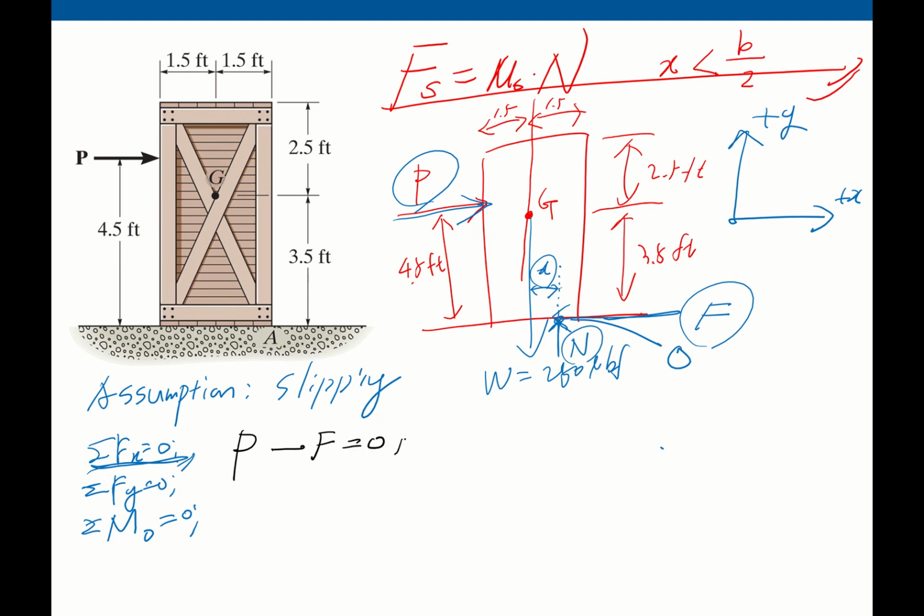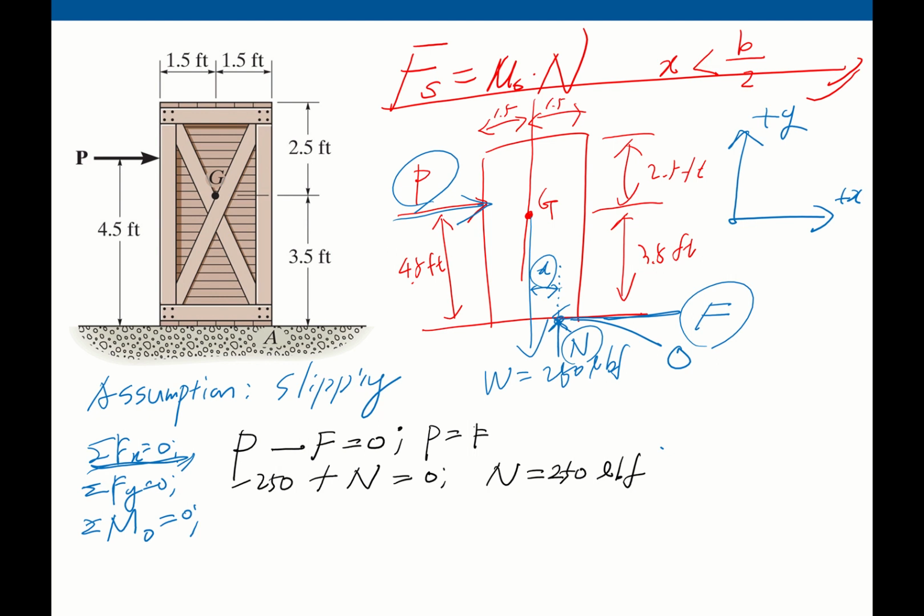That means P is equal to F. How about the vertical forces? We have negative 250 pound force plus the normal force, which should equal 0. So the normal force is equal to 250 pound force.